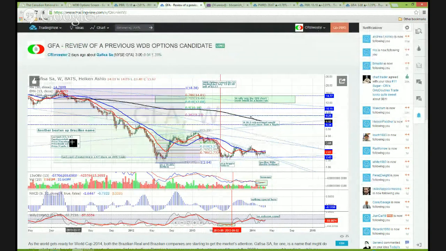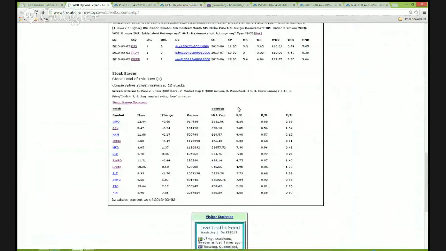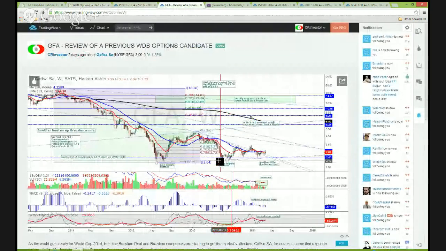Just ridiculous fundamental valuations that would have come up on our fundamental screens, right? The fundamental valuations were so compelling, and keep in mind that institutions write like 90 to 95% of all put options, right? Retail investors don't write put options.